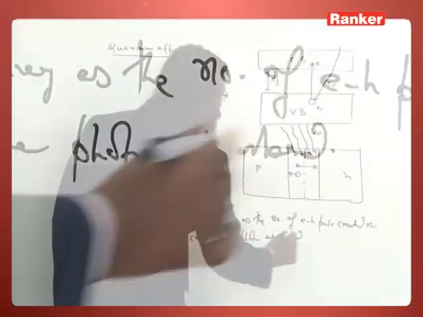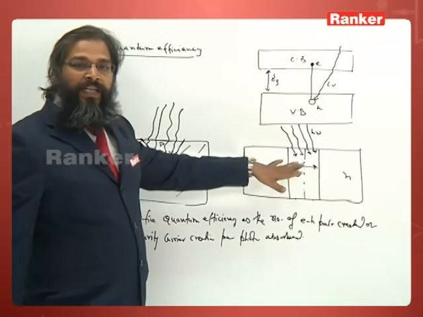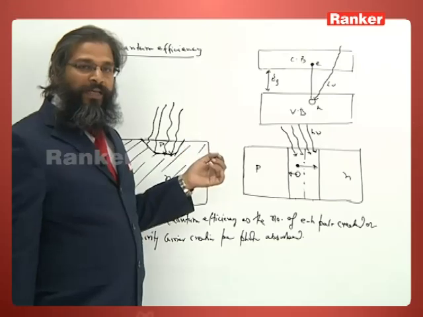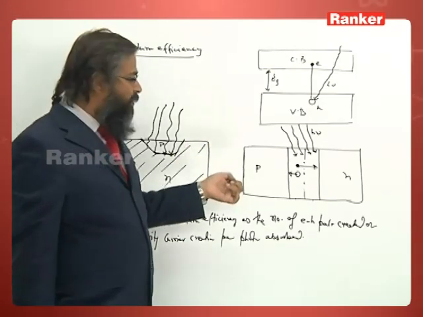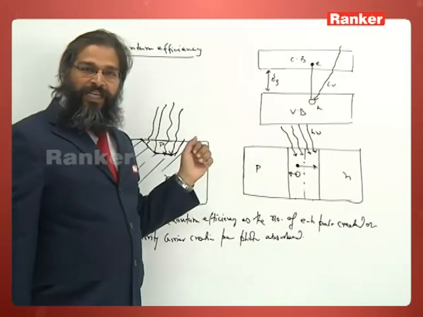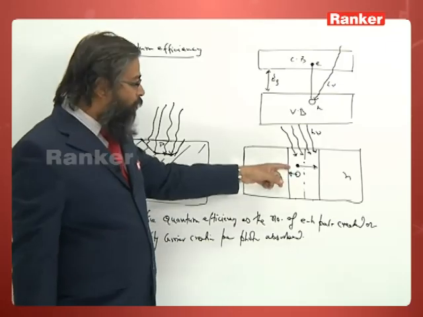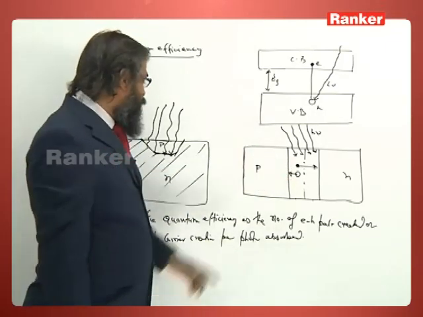Suppose I say it is 1. That means whatever photons are striking here, they are creating the electron hole pair. Generally this is very less, suppose 10%. That means suppose 1000 photons strike here, only 10%, that is only 100 photons, can cause electron hole pair creation.